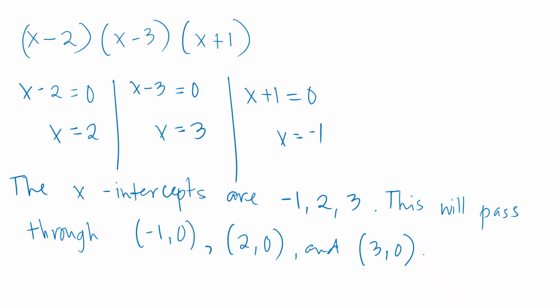Then, aside from that, we can also find the y-intercept. So how are we going to find the y-intercept? So you just simply put x is equal to 0. So we're going to substitute 0 to the value of x in the given equation.